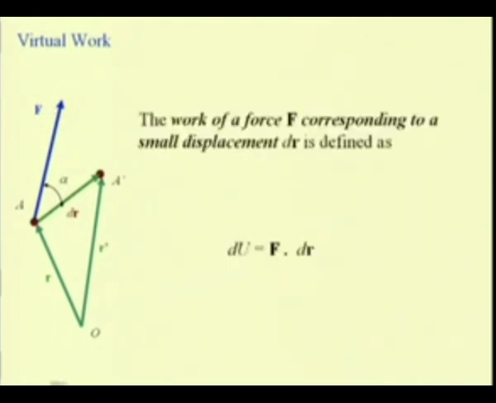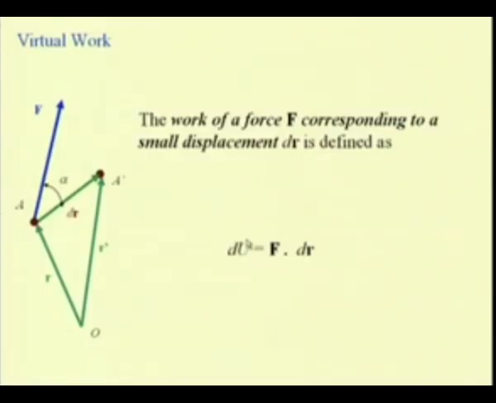So, we designate the work done during this small interval of time dt by du, the incremental work done by this force F in displacing the particle from A to A prime. And so, we define this du as F dot dr.